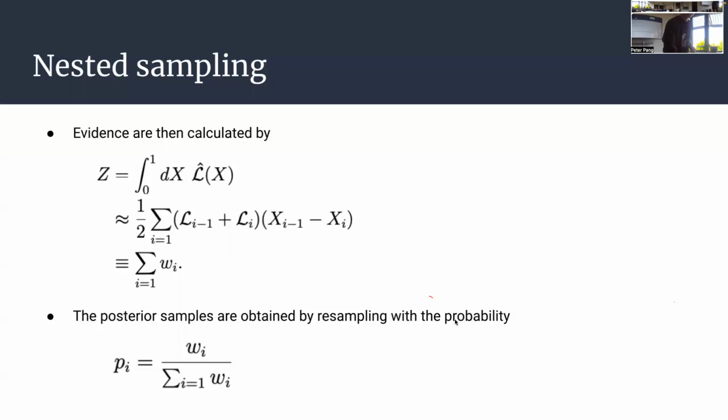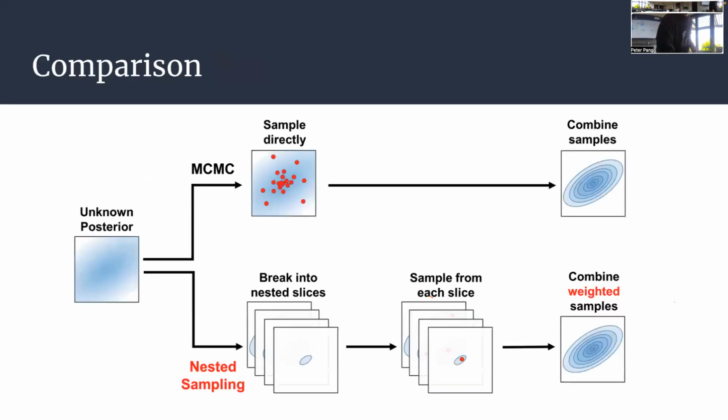But not just the evidence: for each parameter point, I have the likelihood and the prior mass, therefore I can calculate the posterior weight of all these points. Then I can resample all these so-called nested samples with this posterior weight, and I get the posterior distribution.